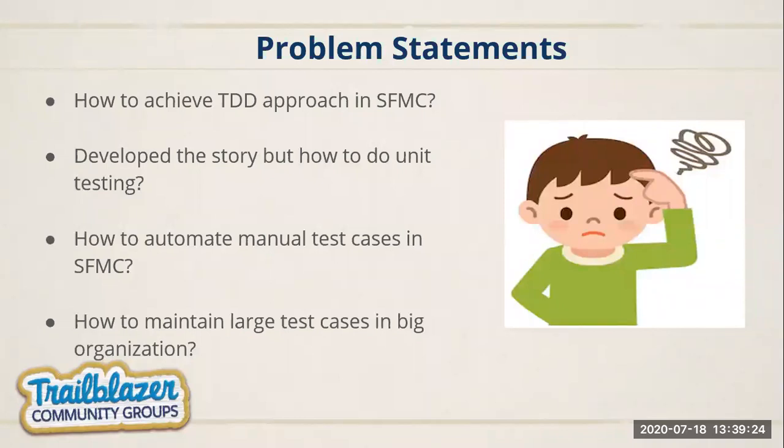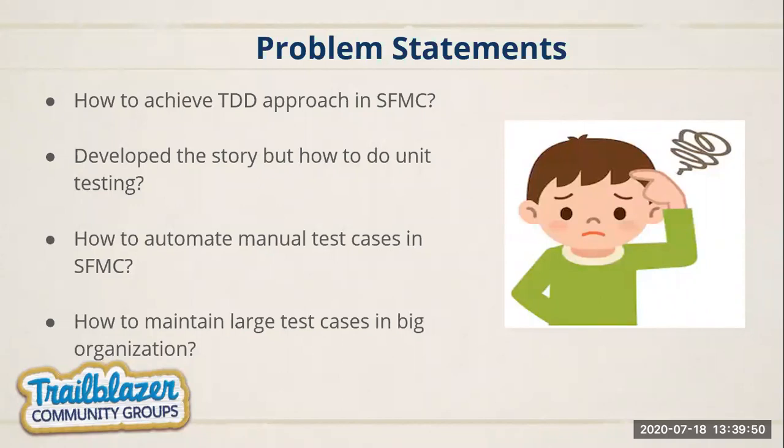As John, I am thinking, okay, I know how to develop data extensions. I know how to develop in Automation Studio, but how can I do TDD? What is TDD? TDD is where you first write your unit test cases, and based on that, you create your development work and proceed with the story.